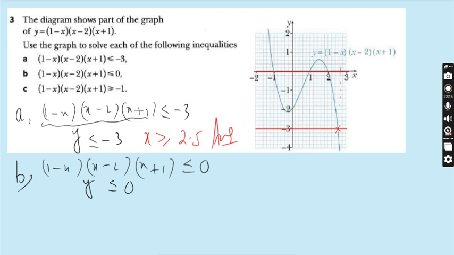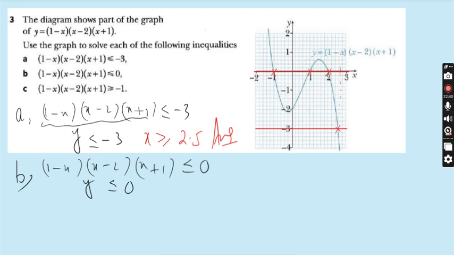Now see the points of intersection. This one is first, second, third. Focus on the sign of inequality. The sign of inequality is less than. So write the values of x which are below this line, that is the x-axis.